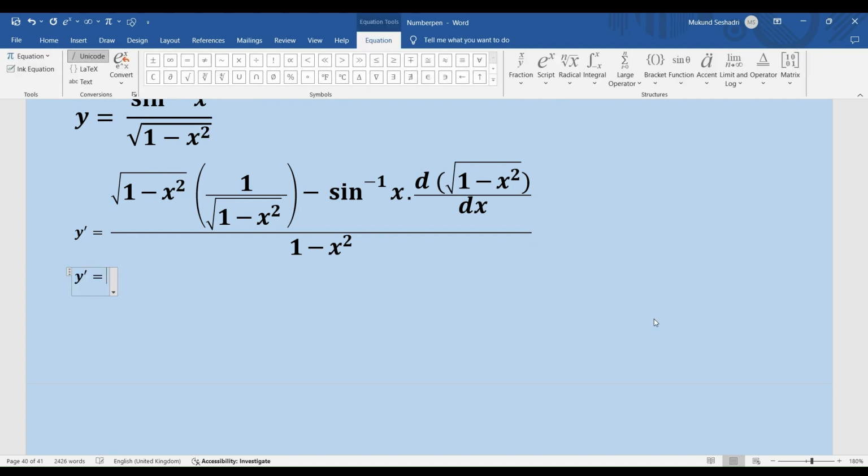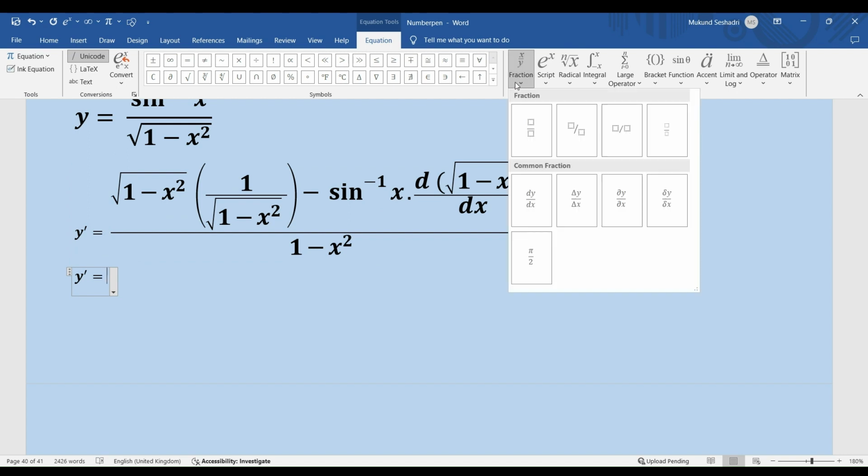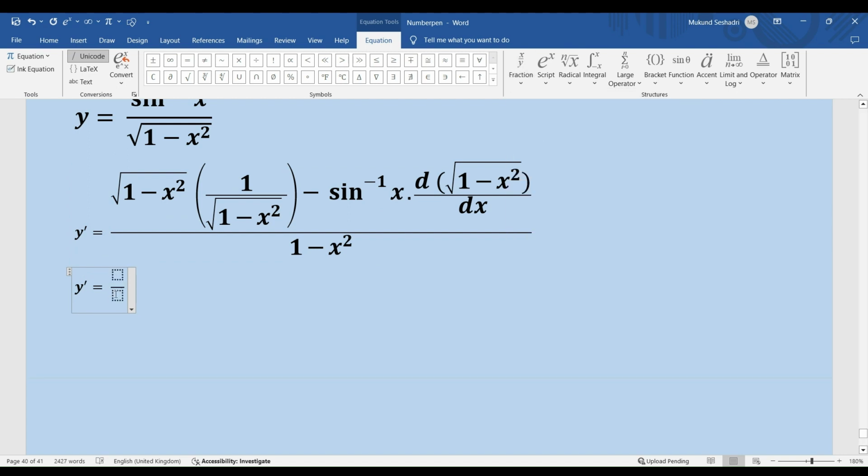Simplify my y dashed. My first part of the numerator is the square root of 1 minus x square into 1 by square root of 1 minus x square, right? So what does that become? That becomes 1, right? So that is 1. I write it as it is. And then I have my second part of the numerator, which is the sine inverse of x. I write it as it is.